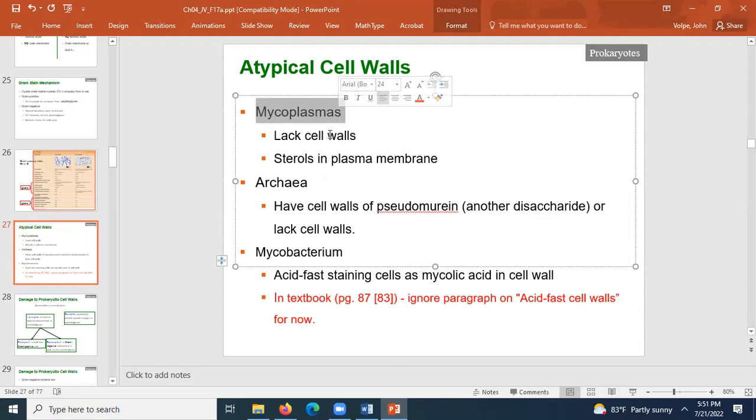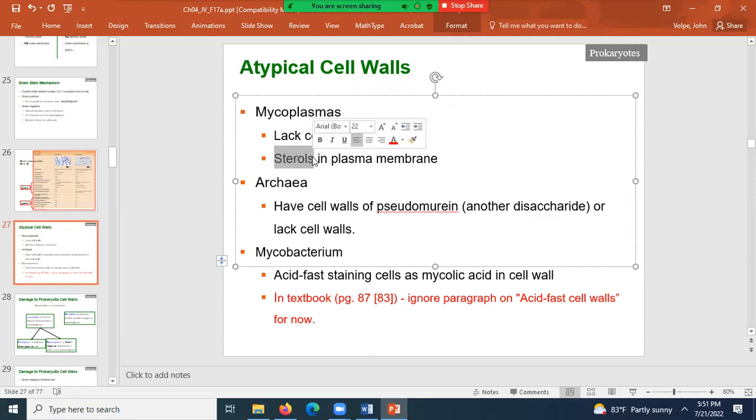They don't have cholesterol, for example, but the sterol is very similar to cholesterol. And as you remember, humans have cholesterol in their plasma membrane, and the cholesterol gives the plasma membrane greater strength. And the sterols in the mycoplasma also give the plasma membrane greater strength. Any question about any of that?